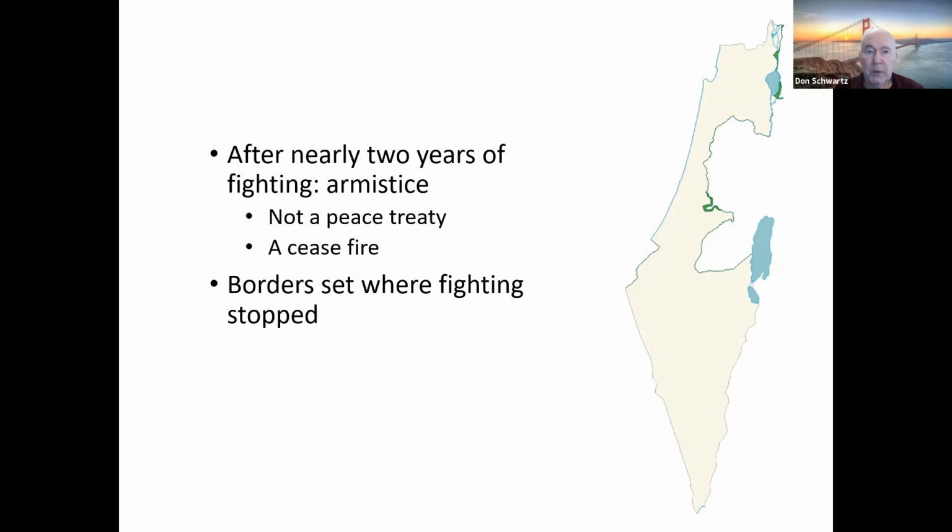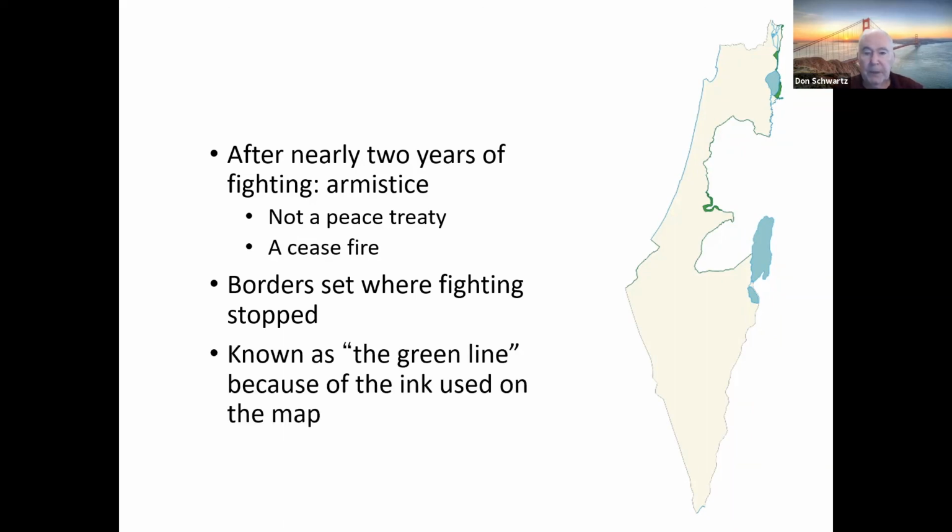And those borders were known as the Green Line because the ink that was used on the maps to draw the border was in green. Now, the Arab states continued to reject the legitimacy of the new Jewish state. They considered it the creation of Western imperialism. And so, after the War of Independence, they imposed a total economic boycott against Israel.